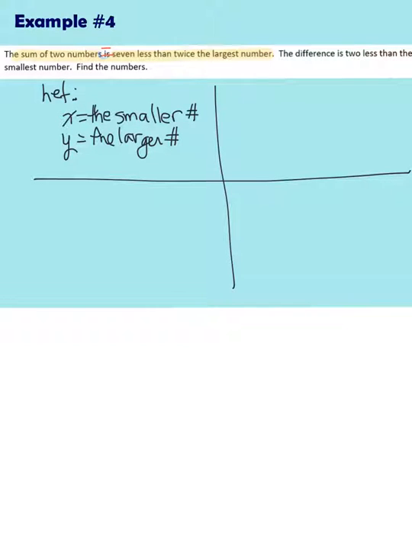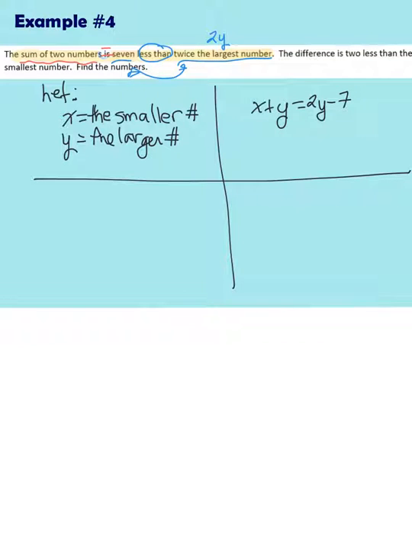The sum of two numbers must be x plus y, equals, and then we have this phrase less than: 7 comes in front, twice the larger comes behind. If the larger number is y, then I've got 2 times y. And if 7 comes in front and I have to flip these, it's going to be 2y minus 7. So there's my first equation.